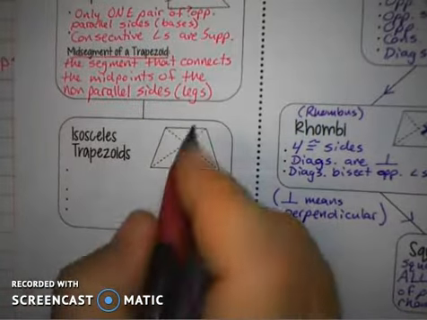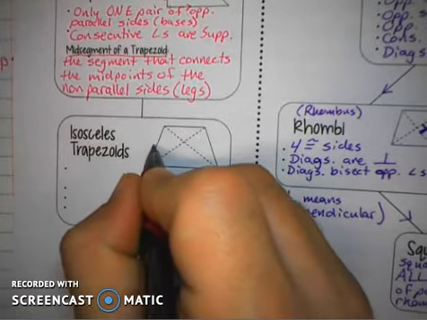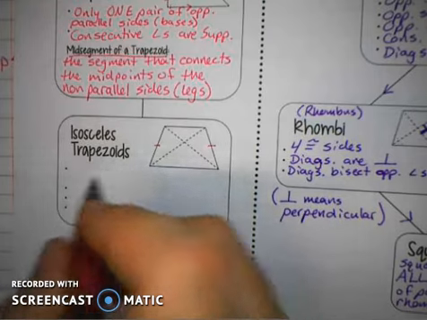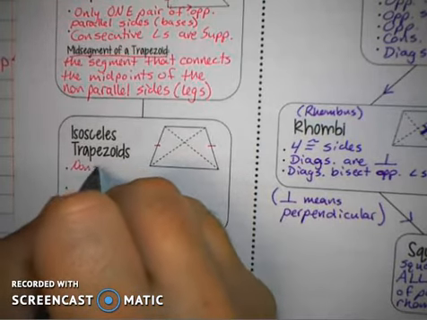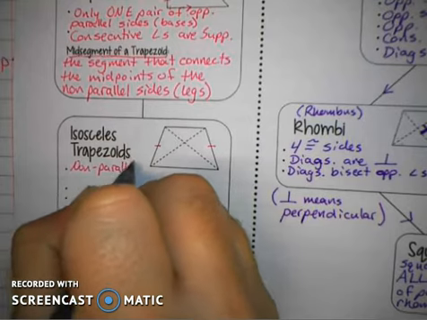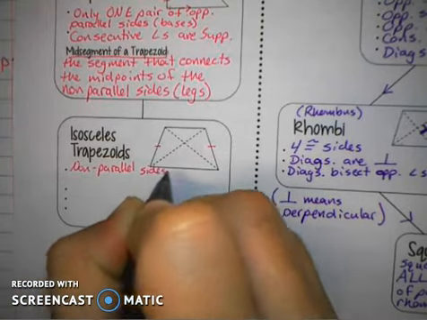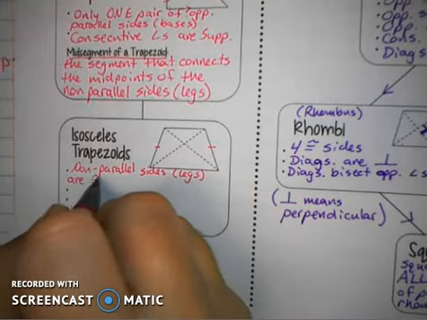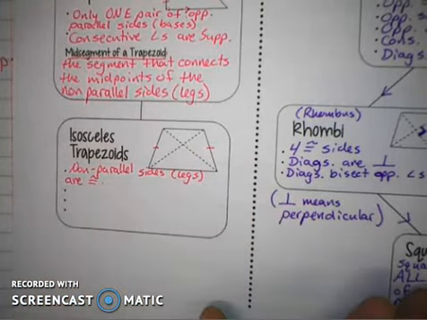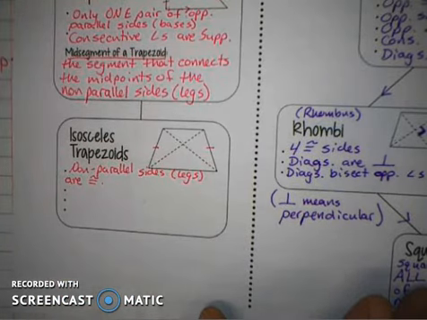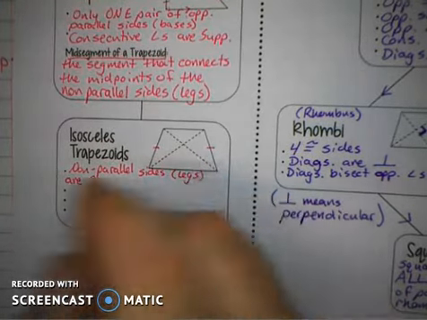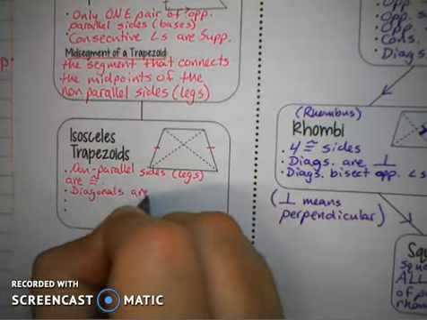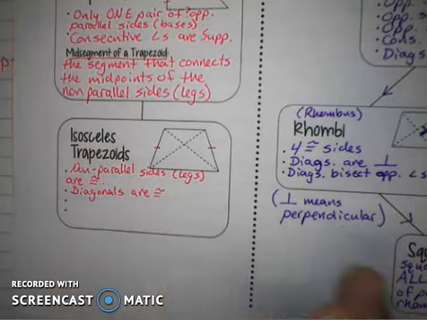Now, if we have a trapezoid where the legs are congruent, we call that an isosceles trapezoid. So once again, the non-parallel sides, or legs, are congruent. And in this relationship, these diagonals are also congruent. All right?